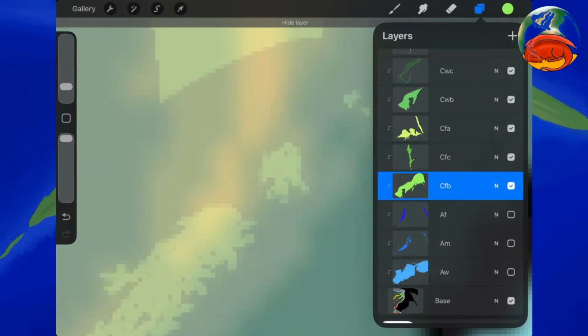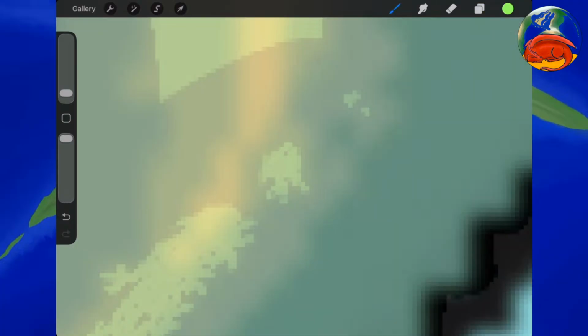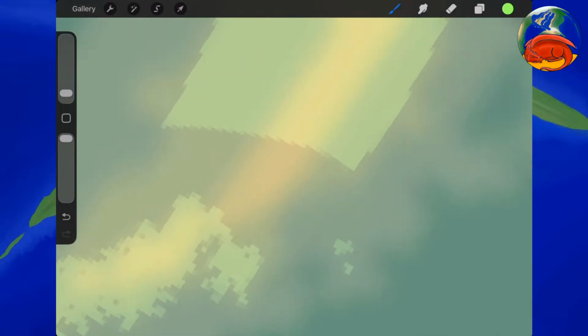Let's turn these off. That'll probably make it easier. All right. The yellow in here is for sure, so I'll just color that in.